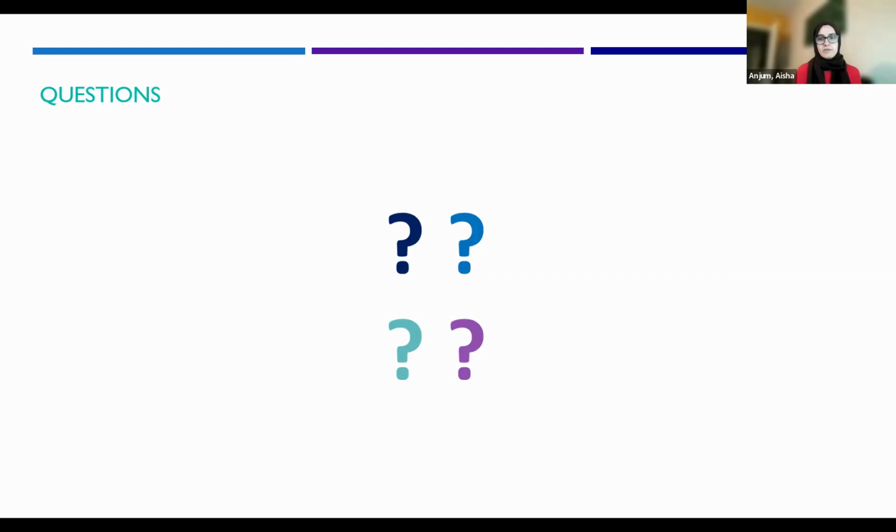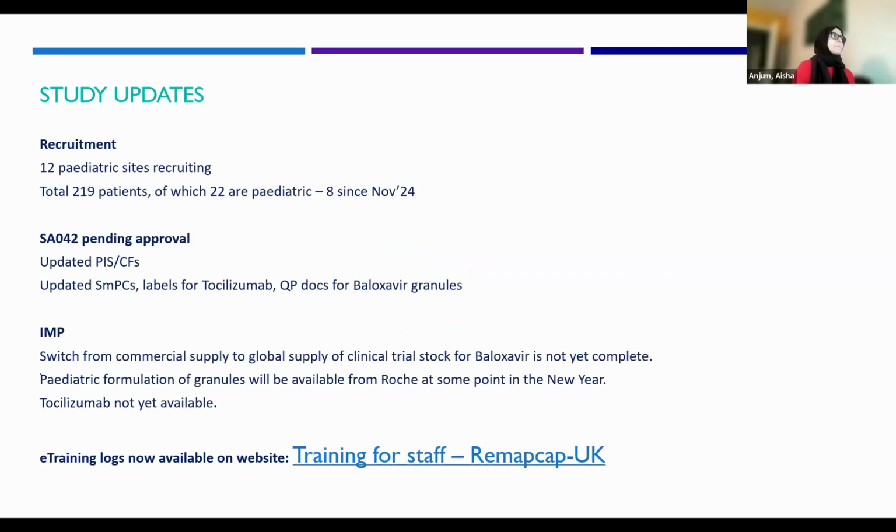Okay, I think if we don't have any more questions, then I'll move on to the study update. At the moment, we have 12 paediatric sites recruiting, and I wrote these slides yesterday, so it says 219 patients, but we actually have 222 patients as of today. 22 of them are paediatric, and we've had 8 recruited since November, so I think we're doing quite well.